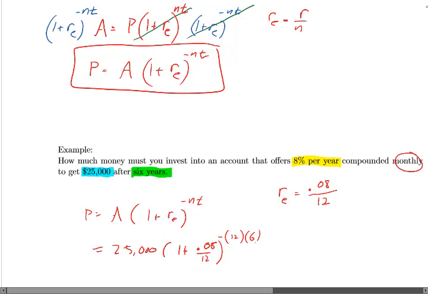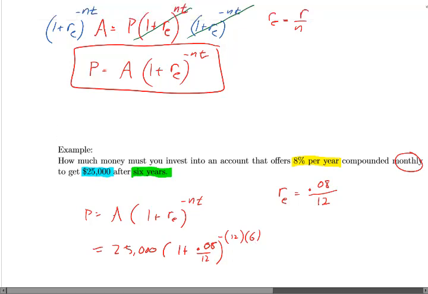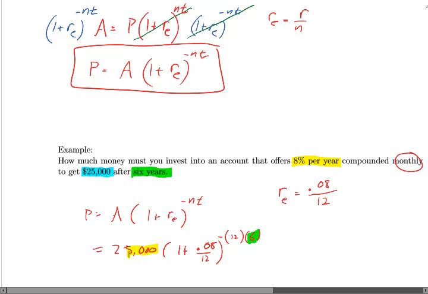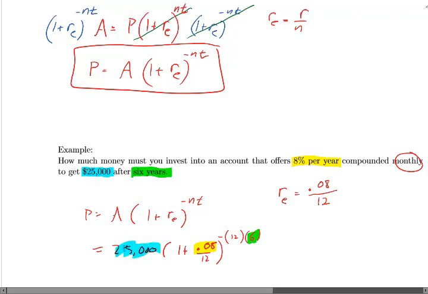If you did it in the reverse order, it would have been fine, but just for clarity's sake, I'm trying to keep everything nice and uniform. And 25,000, that was in the blue highlight.